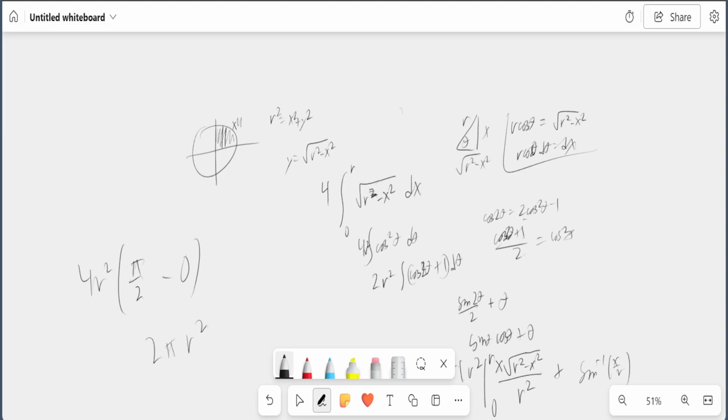Actually, right, because if we go from negative r to r, then this becomes negative pi over 2. But then we don't multiply by 4. So that gives us, we multiply by 2. So then that gives us pi r squared over 2. Okay, I'm doing something wrong here.